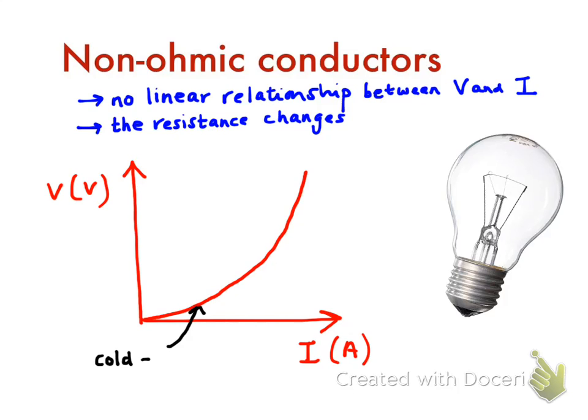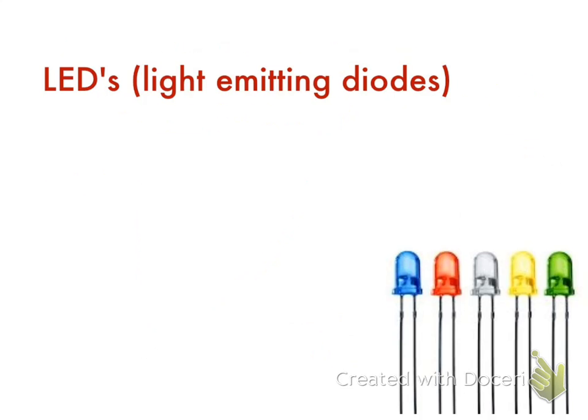If you consider low voltages and low currents, at that point the light bulb would remain cold, and cold conductors tend to have a low resistance, whereas as the current and voltage increase, the filament gets hotter, and therefore the resistance increases. So you can see clearly here that there's a nonlinear relationship, and the light bulb is thus a non-ohmic conductor.